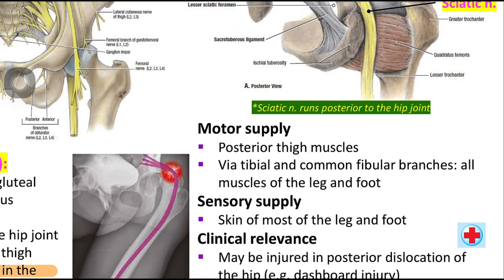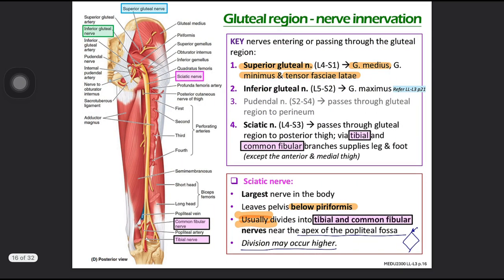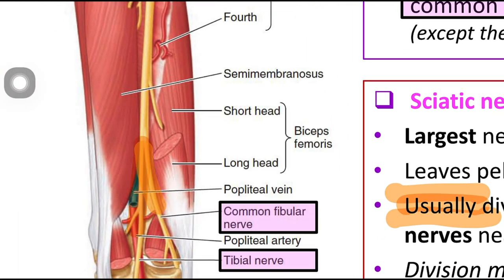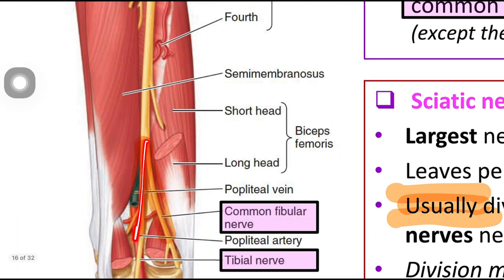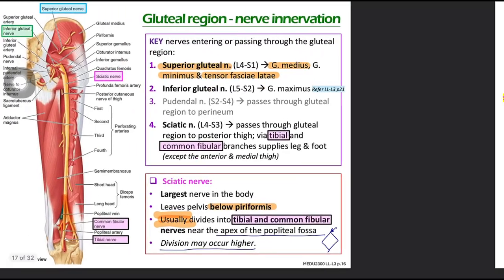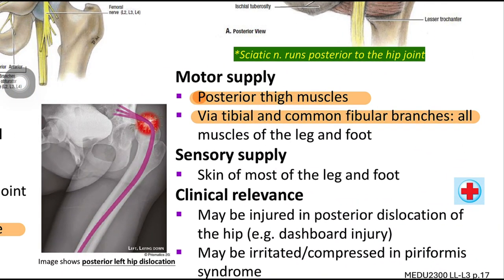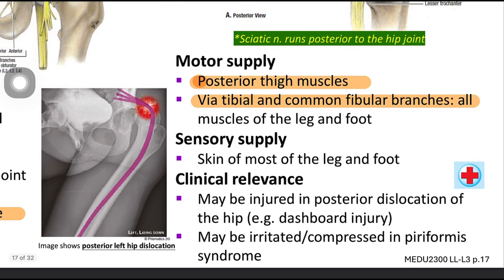The motor supply of the sciatic nerve to the posterior thigh muscles is through the tibial and common fibular branches, these two branches here. So it supplies all muscles of the leg and foot, and the skin of most of the leg and foot. That's why you need to think about dashboard injury.